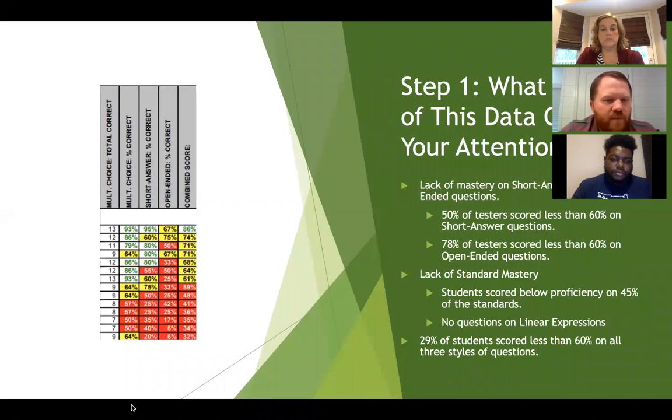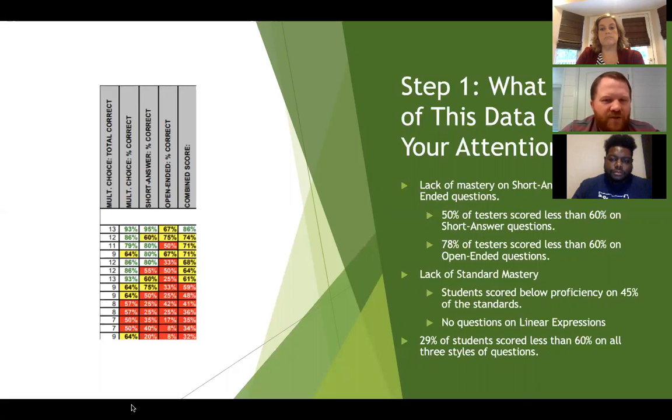The red coded percentages are failures, and the yellow is above failure but below mastery, so to speak. So 50% of the testers scored less than mastery on the short answer questions, and then 78% of them scored less than mastery on open-ended questions.